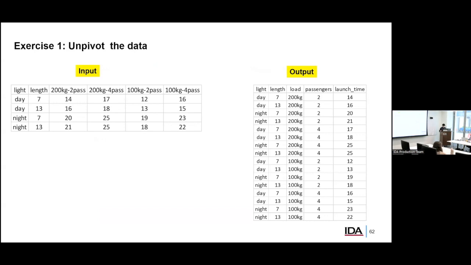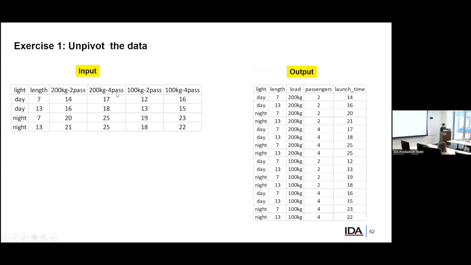so if y'all want, we can do a couple of exercises with Excel Power Query. The first exercise: we have data that is in this format right here, and we want to end up in this format. So we want to unpivot the data.